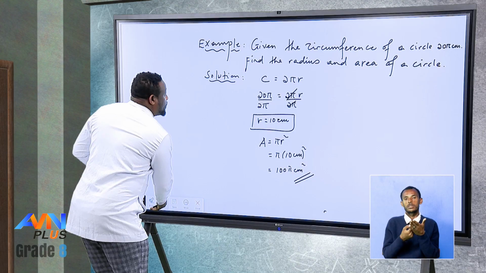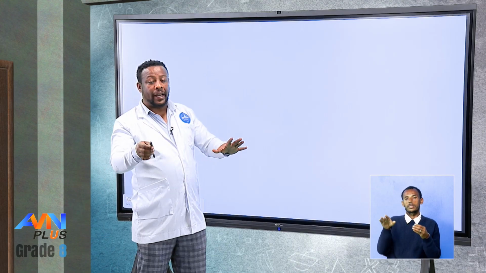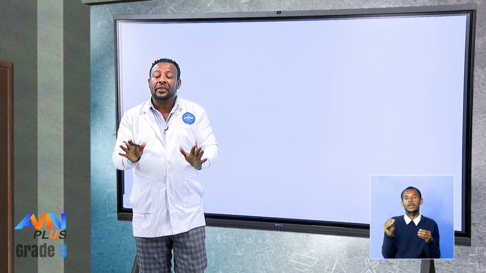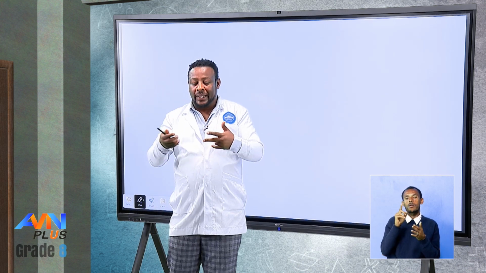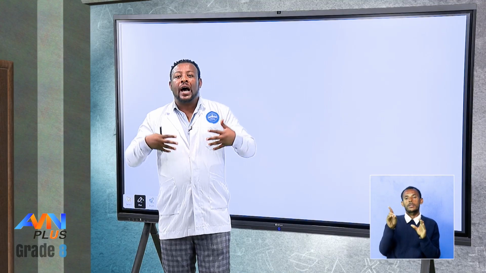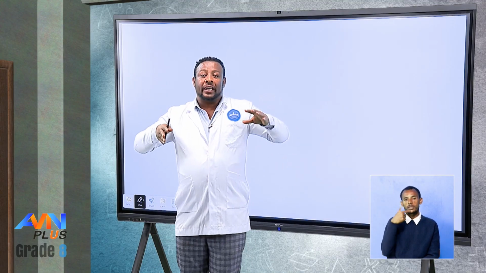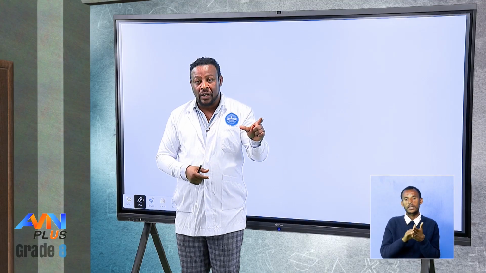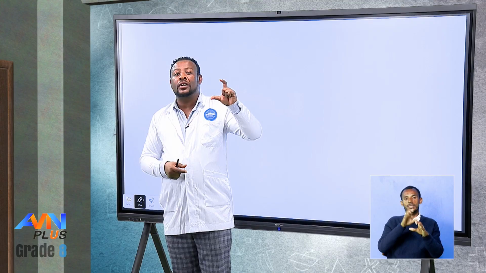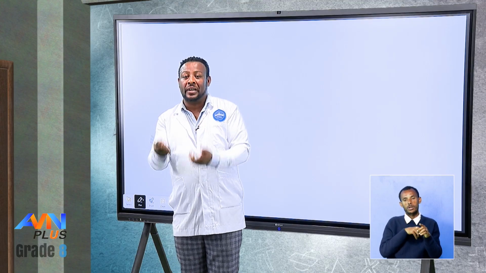This is enough regarding circumference and area, but you need to take one more point, that is the relationship between the radius and diameter. As I have said earlier, in our definition, we said that the diameter is the longest chord, and the longest chord or the diameter is twice the radius.